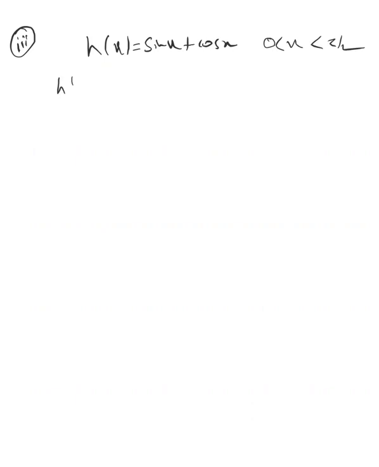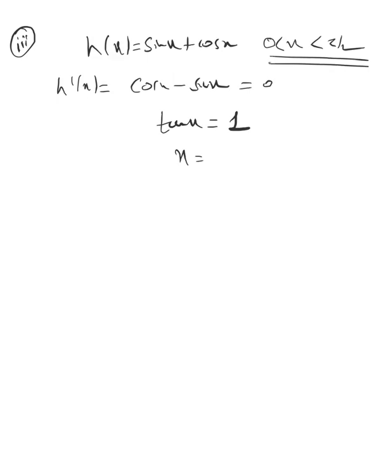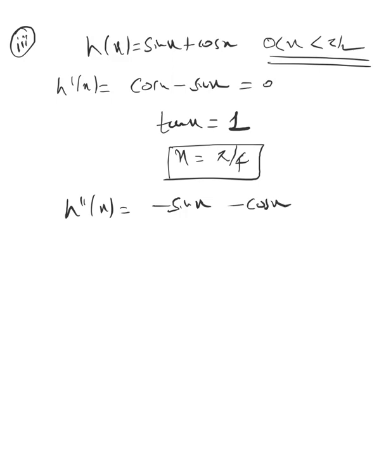Find out, differentiate it, equate to 0. If you solve it, tan x equal to 1. It is between 0 to pi by 2, so x equal to 45 degree. Whether it is local maximum or minimum, for that you have to find h double dash x. Put the value.